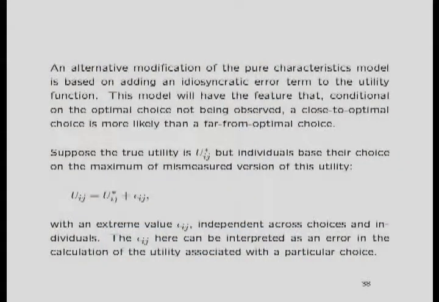The alternative would be to just add this epsilon ij to the utility function, and that would imply that you would be more likely to see a close to optimal choice if the choice was mismeasured than one that is far away from the optimal one. So the first argument is that by having the epsilon ij in there, you would essentially allow for measurement error in the pure characteristic model.